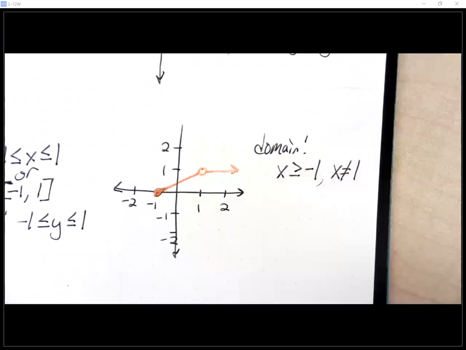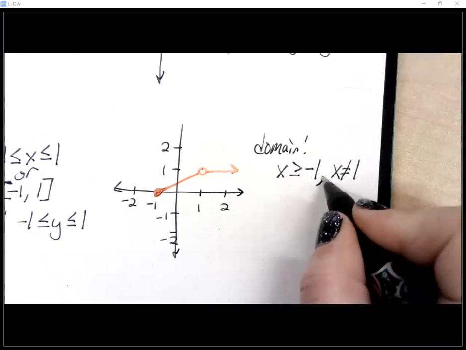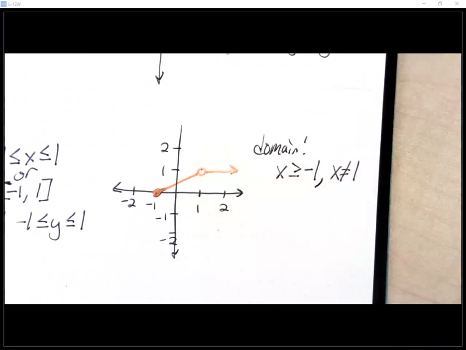Those two things put together encompass my entire domain. Does that make sense? Everybody's okay with that? All right, so I have all the values represented from -1 to infinity. Just gotta skip over +1.